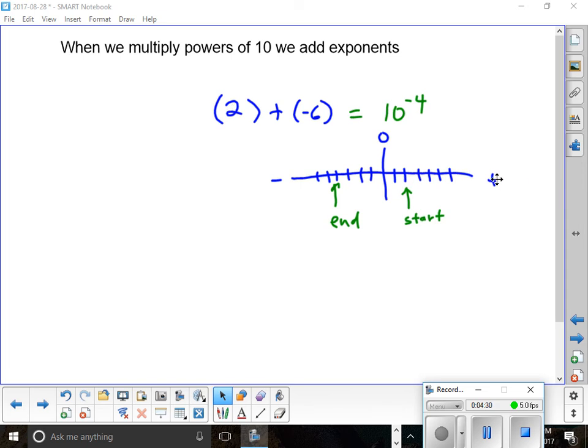Remember, the positive end of the number line is over here. And then we have 6 to the left, starting here: 1, 2, 3, 4, 5, 6. And that's why we end up 1, 2, 3, 4 to the left of 0, which means it's minus 4.